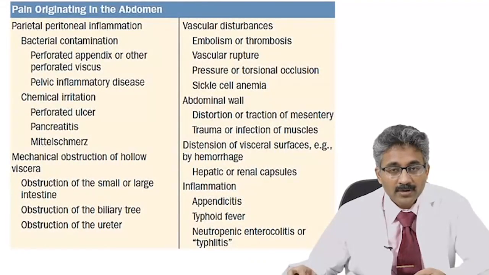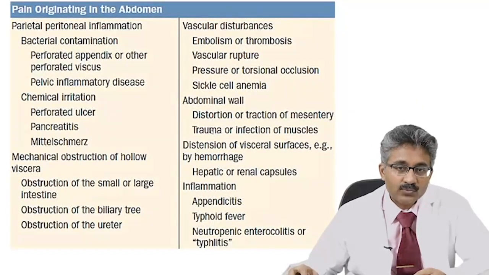Next is abdominal wall. There can be a distortion or traction of the mesentery. Trauma or infection of the muscle, myositis, can produce abdominal wall pain. Of late, because of the extensive use of anticoagulants, rectal sheath hematoma is one of the causes of abdominal wall pain.